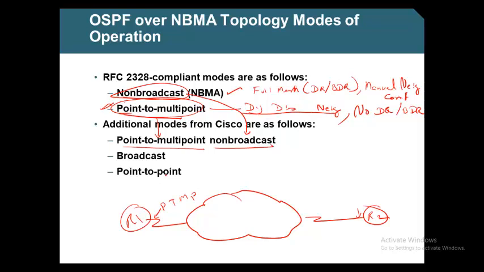Cisco has got a third mode, which is the combination of first two modes. From that first two, Cisco took the best out of it and came up with a new mode, called point to multi-point non-broadcast. That's why the name also you see, because it is copied from that first two.